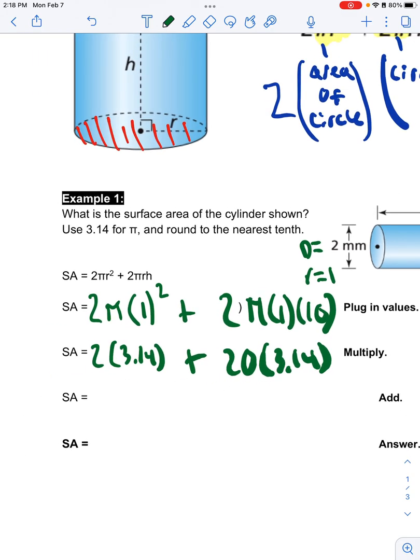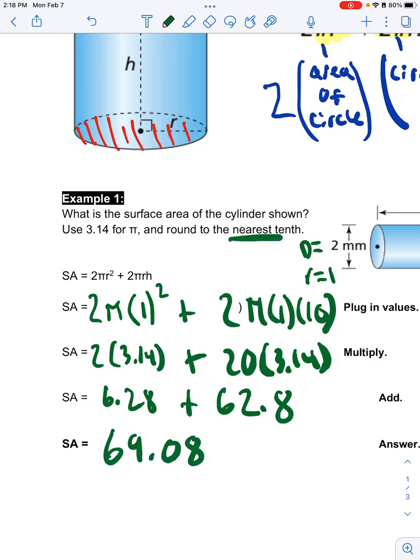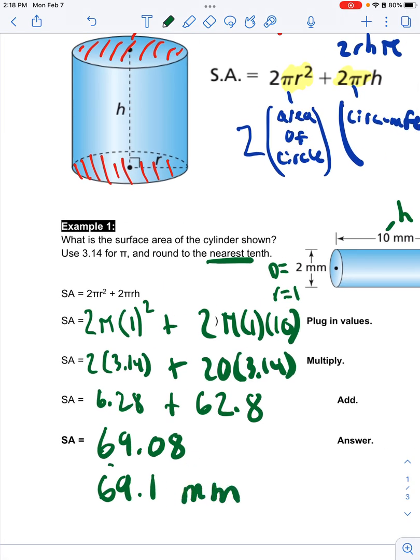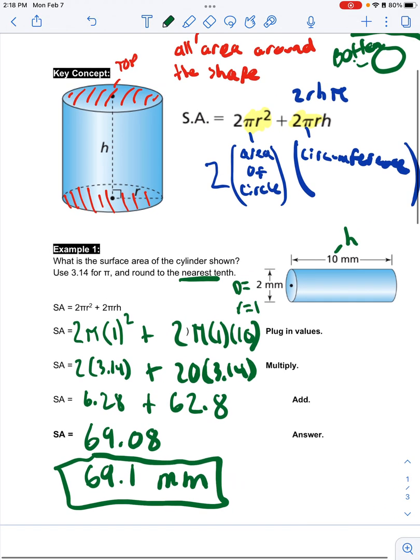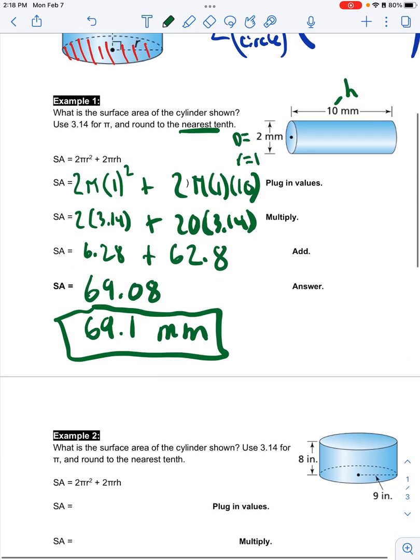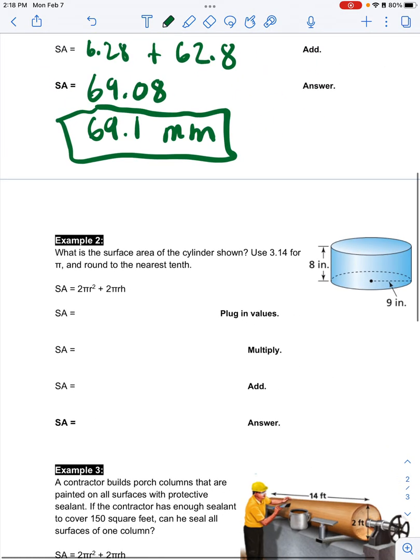And then we have 3.14 for pi. 2 times 3.14 is 6.28 plus 20 times 3.14 is 62.8. And when I add those together, I get 69.08. Because it says to the nearest tenth, I'm going to round it to 69.1, and my units are millimeters. So the surface area, all the area around that shape, is 69.1 millimeters.